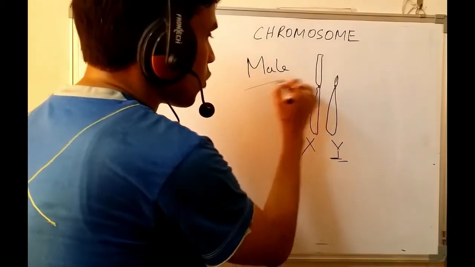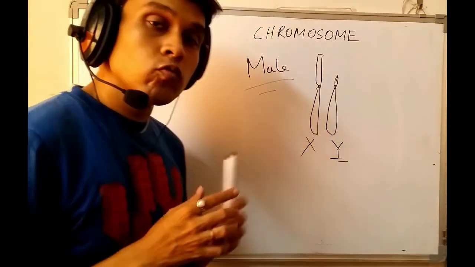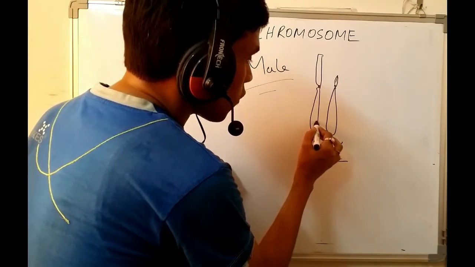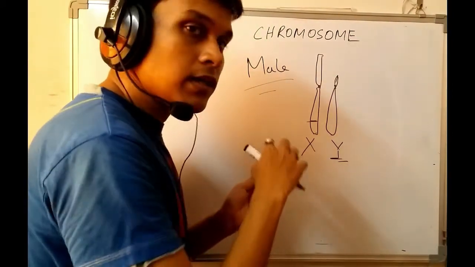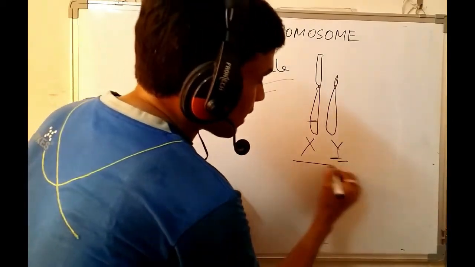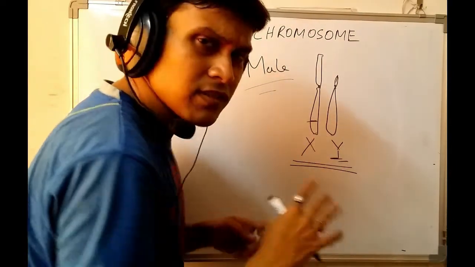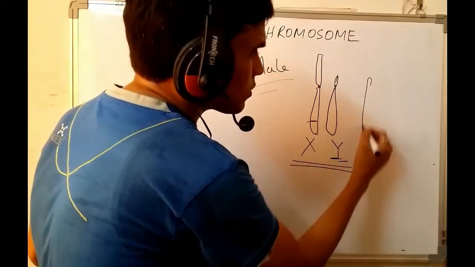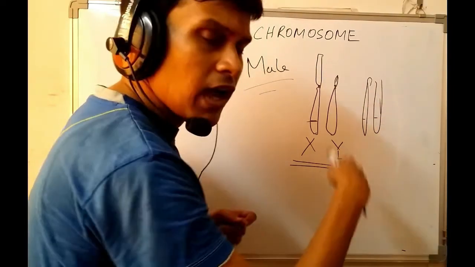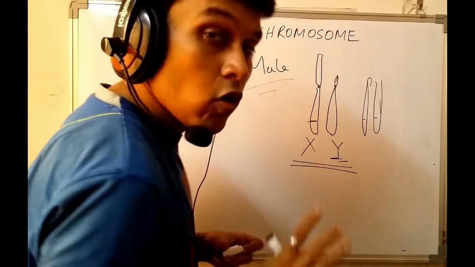In the male body there is one X and one Y, but there are not two X. So there is one form of a gene present, but there is no counterpart because they are not homologous. X and Y are not homologous chromosomes because their size, shape and gene orientations are different. When I consider only chromosome 1 or chromosome 2, they are homologous because they are identical. Their size and shapes are identical. But X and Y are not homologous.